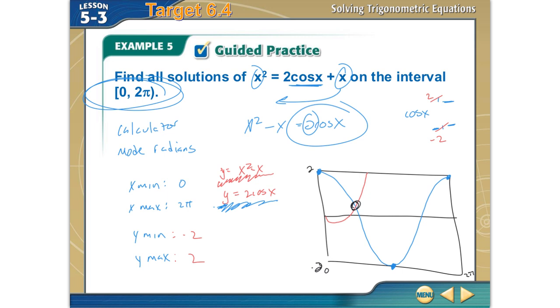So if we do second and trace, that brings up the calculate menu. And we're going to calculate an intersection point. Sorry for the delay.